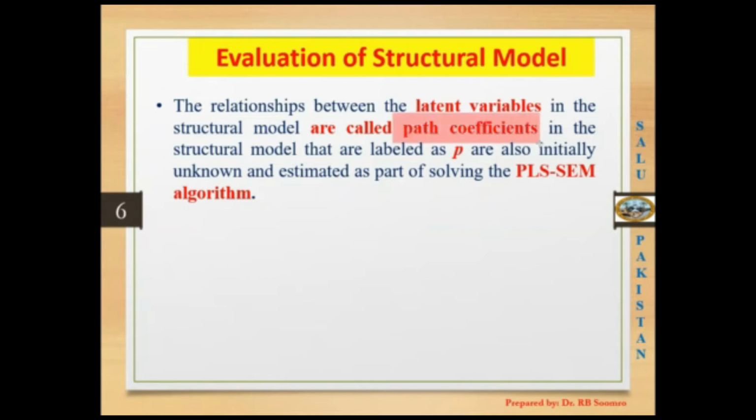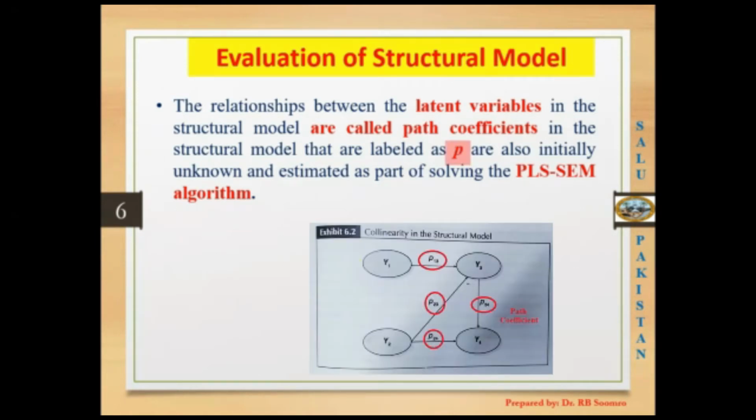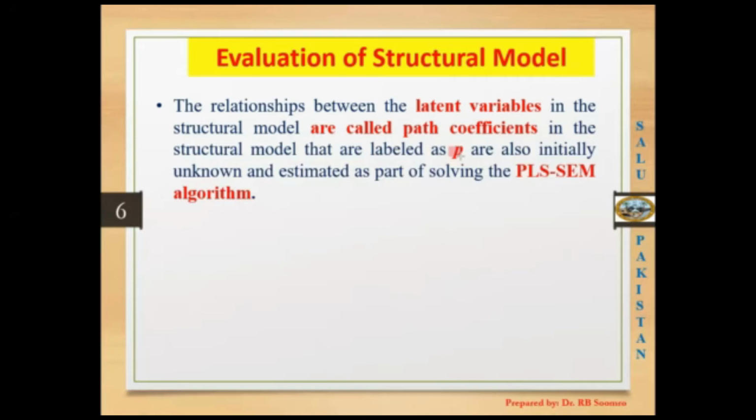Let's look at one image where the path coefficients have been provided, mentioned through the letter P, like P12, P23, and different P's are there. The P is a path, and the value given here is a coefficient. That's a path coefficient, known as P.